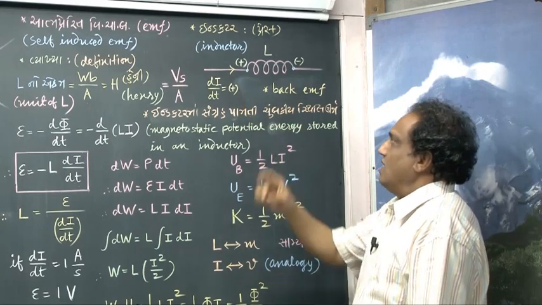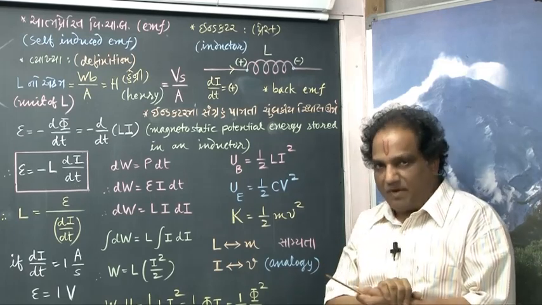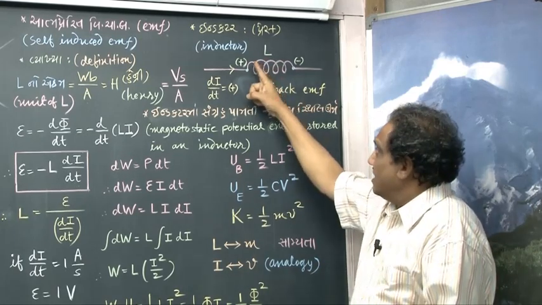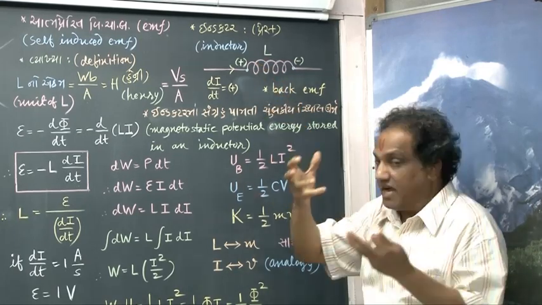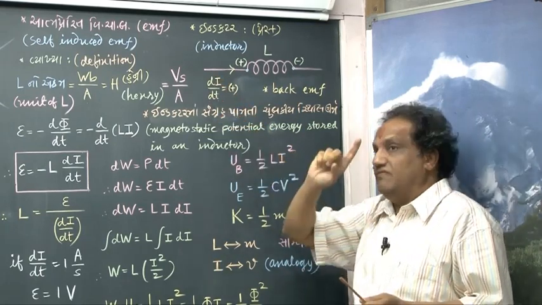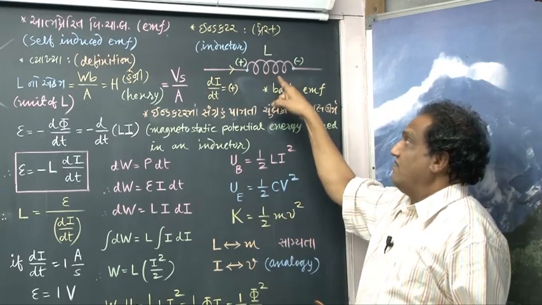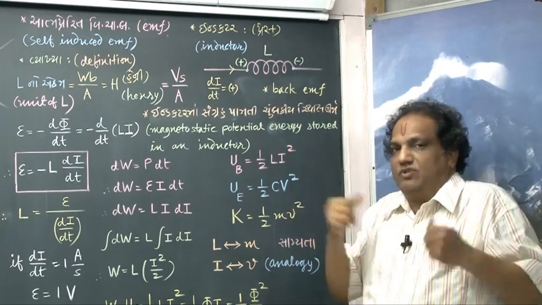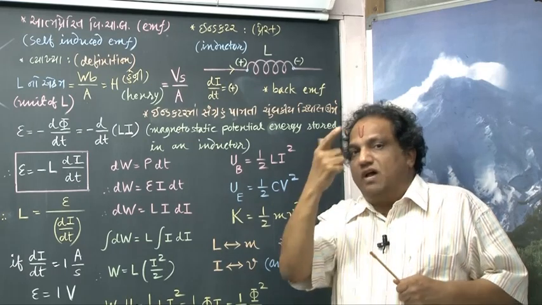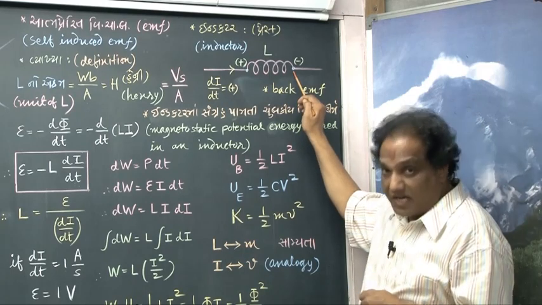Now look, when current will pass, what will happen? Surrounding this inductor, you will have a magnetic field. But if that current is increasing with time, then you will have a stronger magnetic field produced here, and because of the change in magnetic flux, you will have some self-induced EMF develop across the two ends of this inductor.